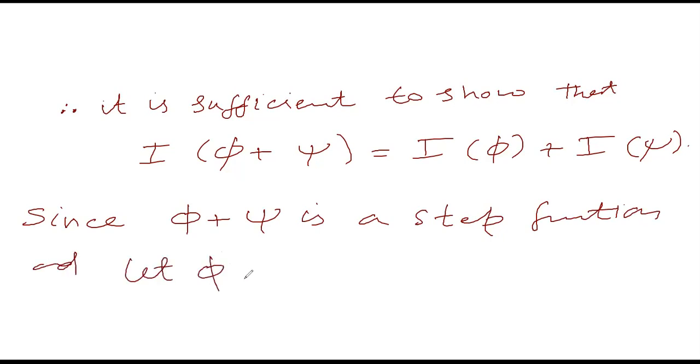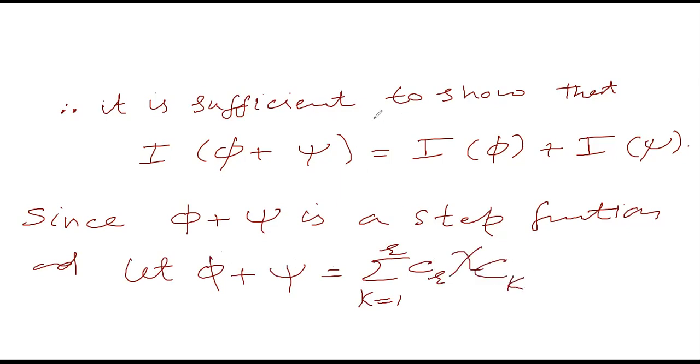Let phi plus psi be equal to the summation k runs from 1 to r of c_k times the characteristic function of C_k.